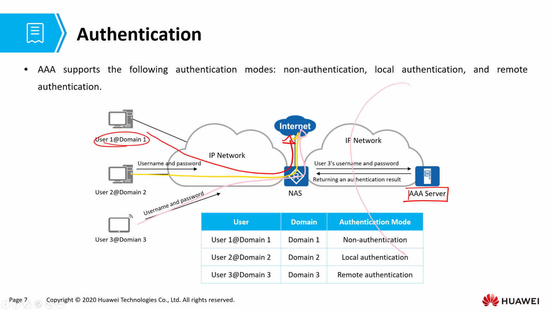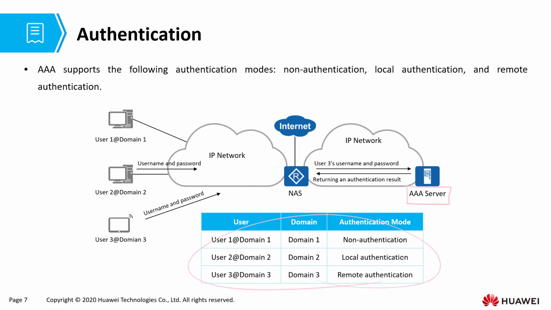It's remote from the perspective of the flow of user traffic. So in this case, user information is going to be stored on the authentication server, on the AAA server, which is remote to the network the users are trying to access. Things like the username, the password, other attributes are all going to be stored on the remote authentication server.